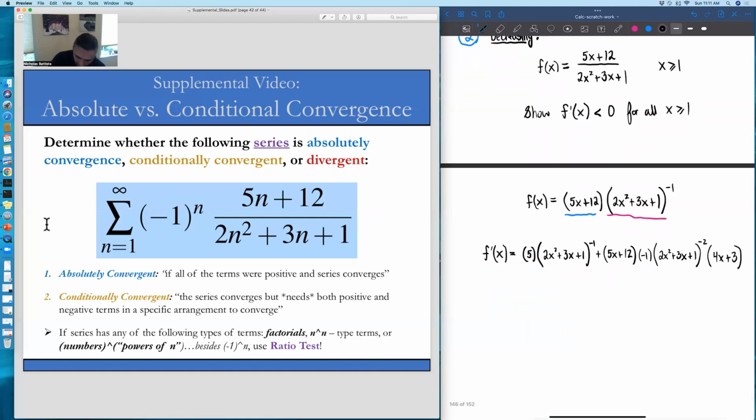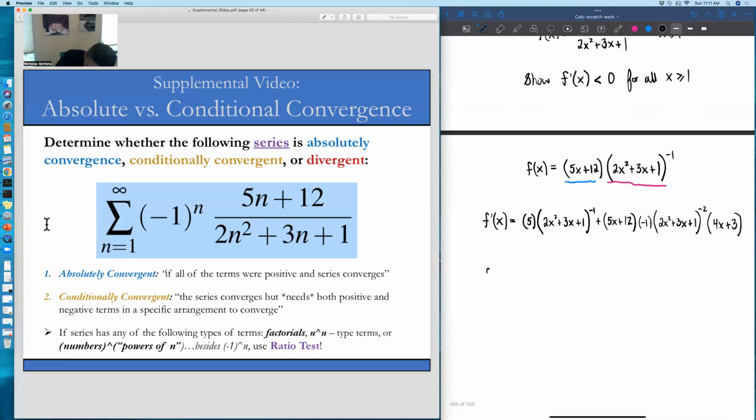So let's see what we get from this. We have this as f prime of x. We have this as 5 all over 2x squared plus 3x plus 1. Next we have plus, or actually a minus from this minus sign.